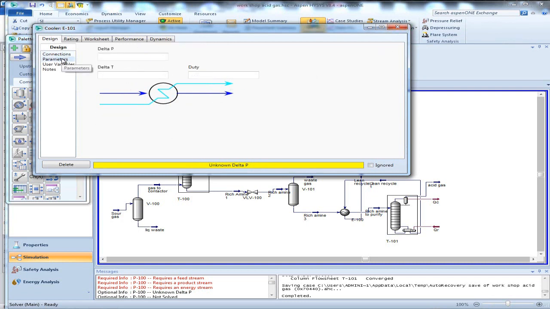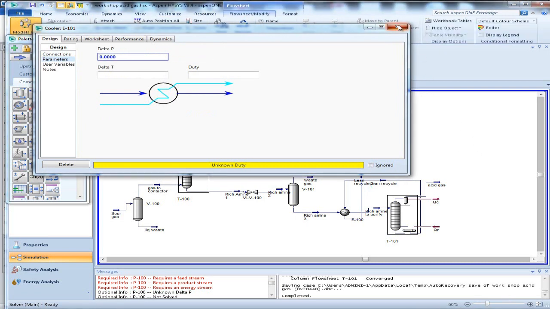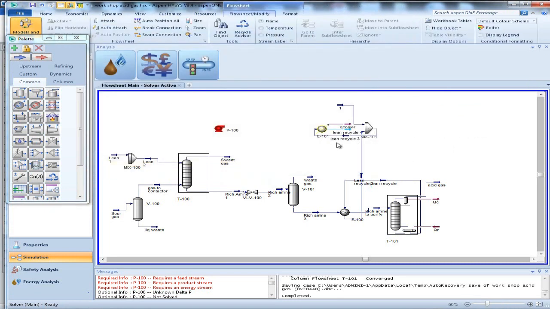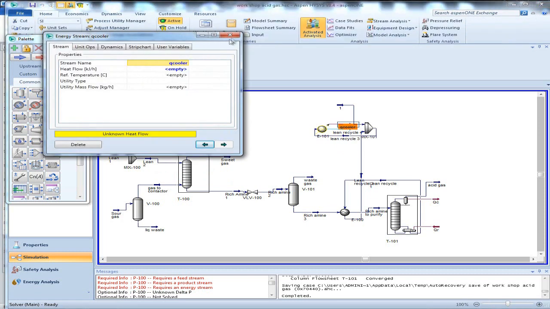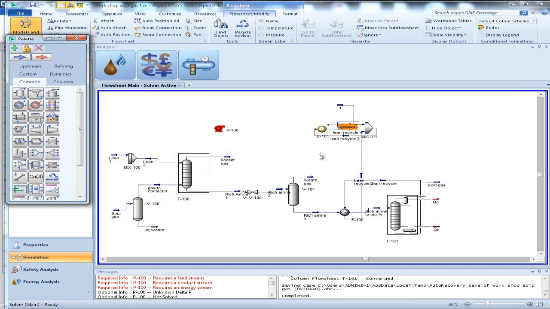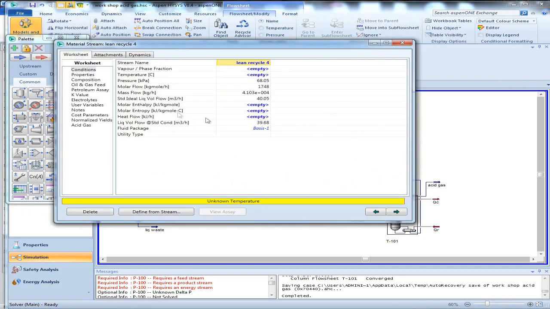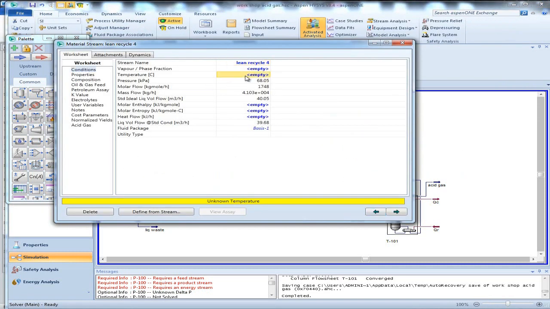Okay, there's no pressure drop in this one. And the temperature that we want must be around this temperature, so 35. Put that as 35 degrees Celsius.